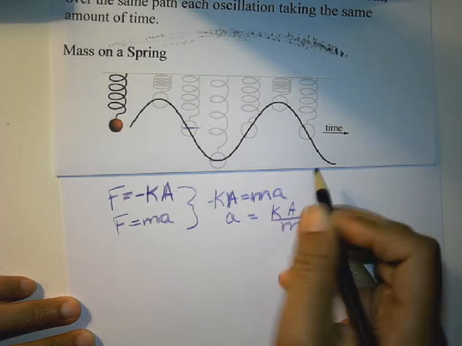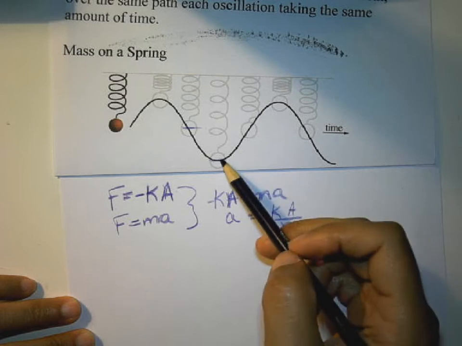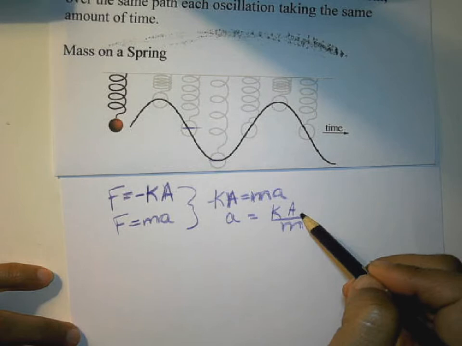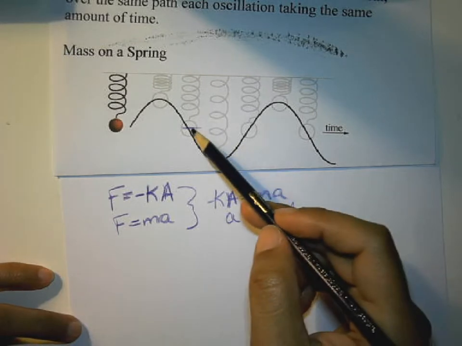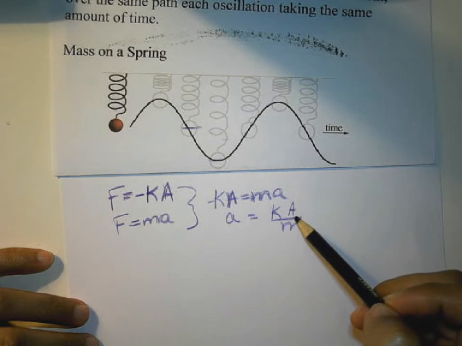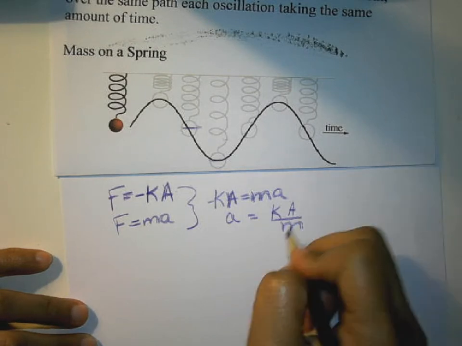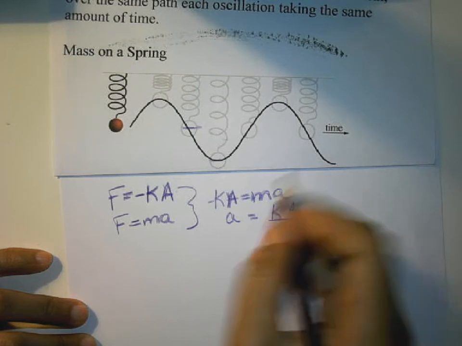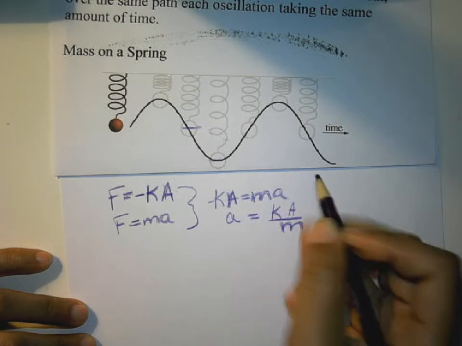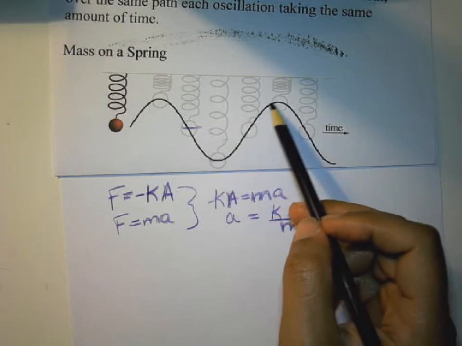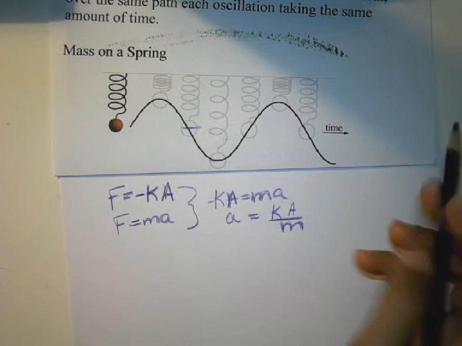So if it's traveled 3 centimeters, then I can get the acceleration when the amplitude is 3. If it's 5 centimeters, I can get the acceleration when the amplitude is at 5. So that's a nice link between Newton's law and Hooke's law, because it is undergoing some acceleration. It has to, in order to speed up and then slow down and then speed up and then slow down.